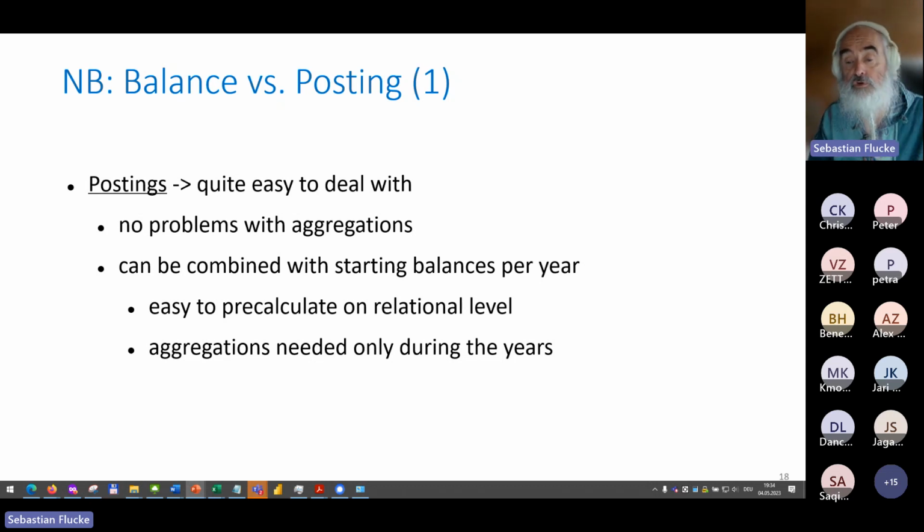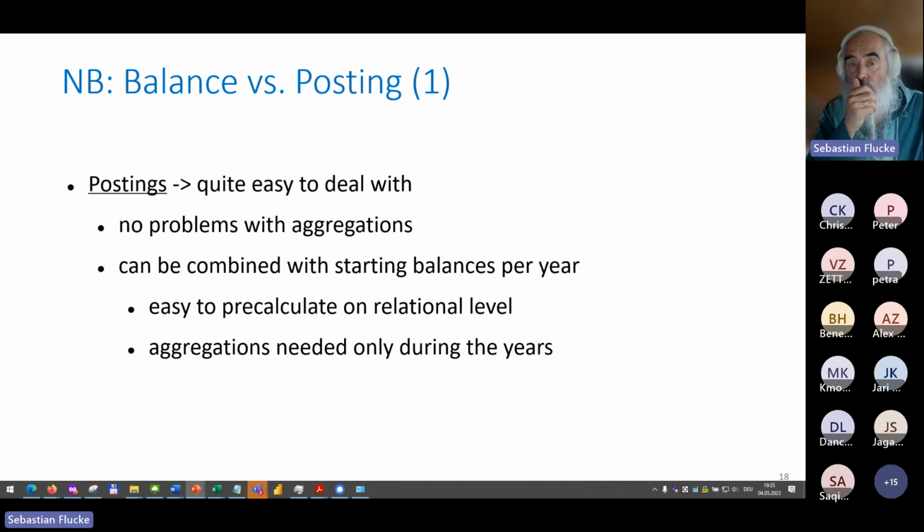And if you want to do it for the next month, you have to calculate it again. That means postings are quite easy to aggregate, but you have to aggregate whenever you want to get information about a balance.